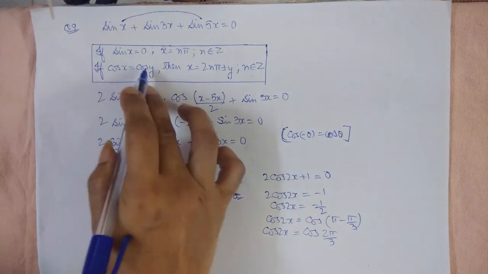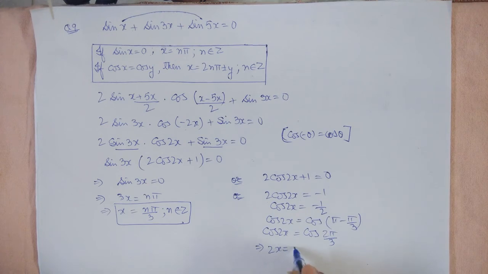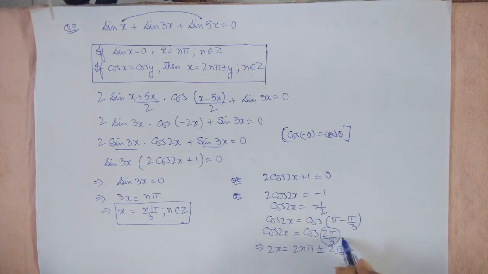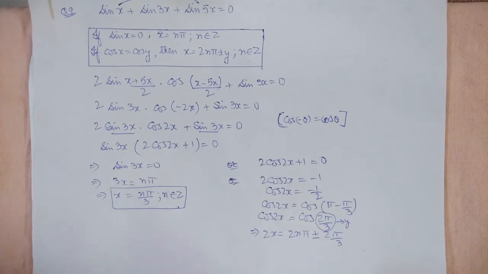Now cos x equals cos y, then x equals 2n pi plus minus y. So this implies 2x equals 2n pi plus minus 2 pi by 3. This term is y. Okay. Now you have to find the value of x.